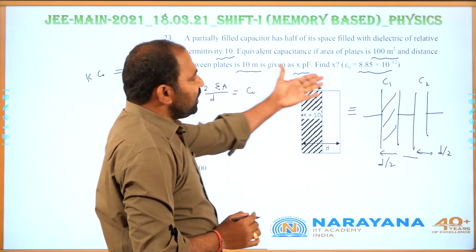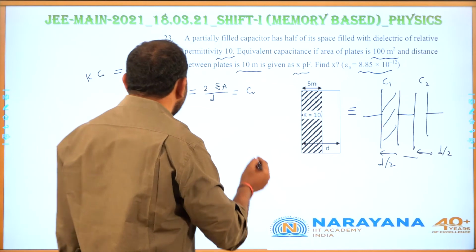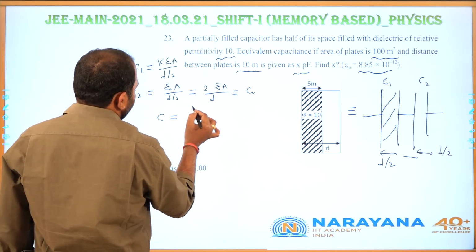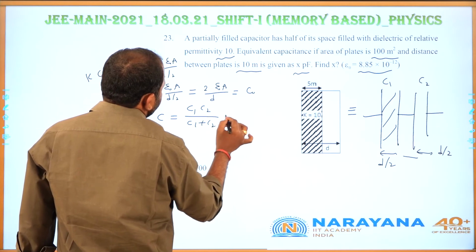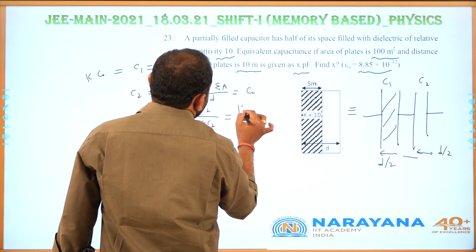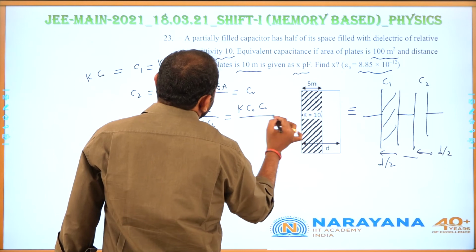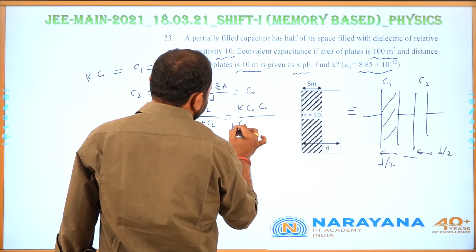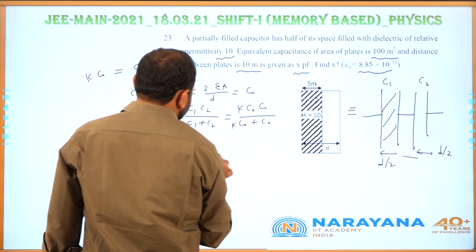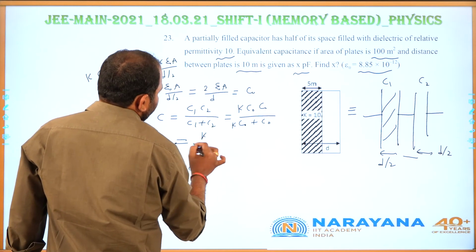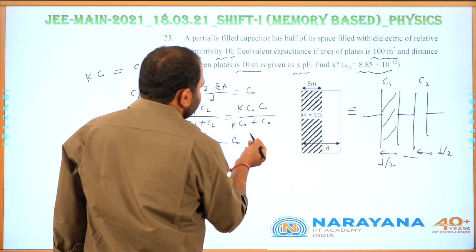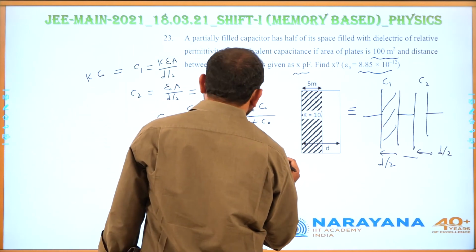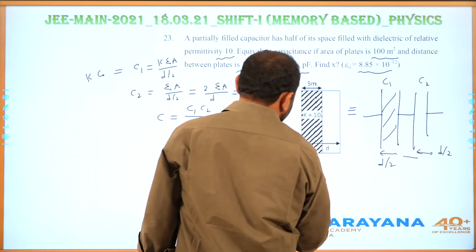Now series combination of C1 and C2, directly I can write C effective equal to C1 C2 by C1 plus C2. This is K times of C naught into C naught by K C naught plus C naught. This is K by K plus 1 times of C naught. Let us substitute the values. First of all, let us find the value of C naught.